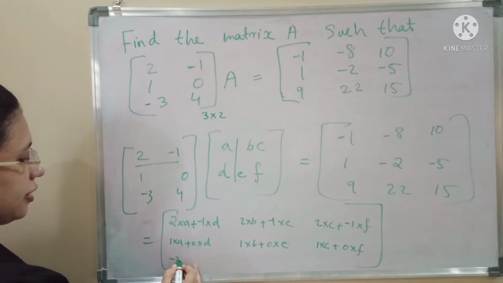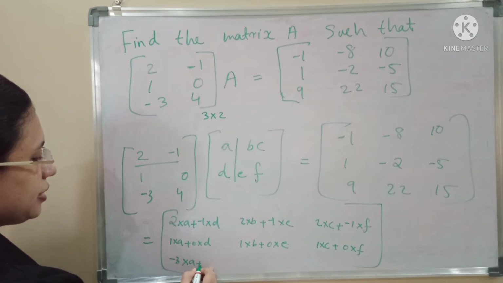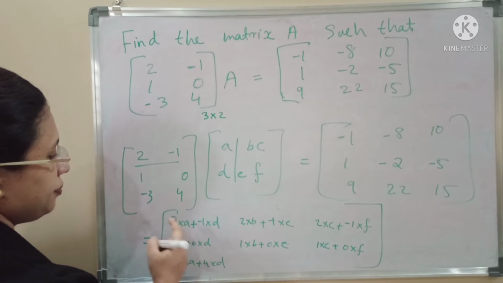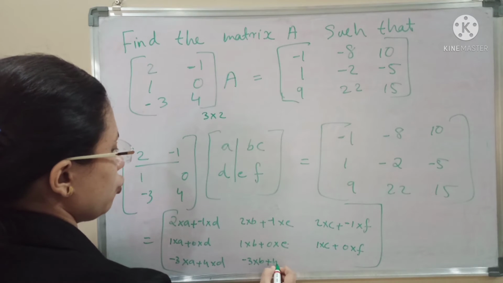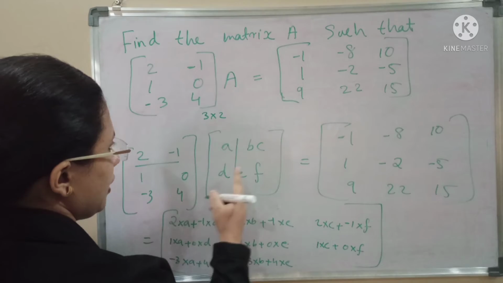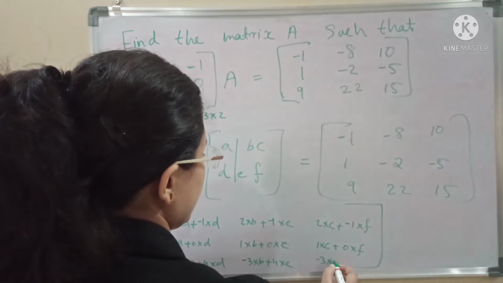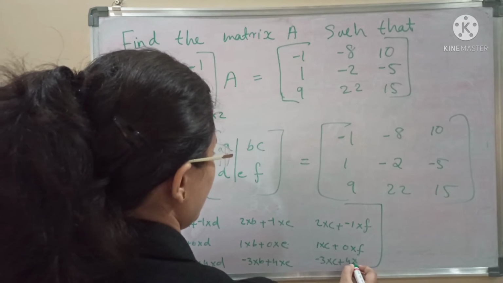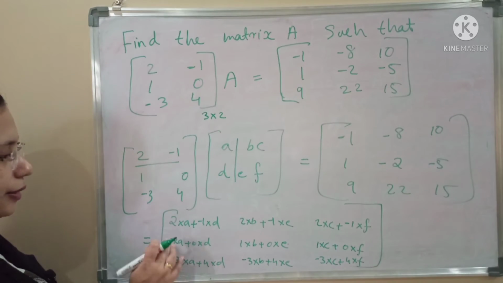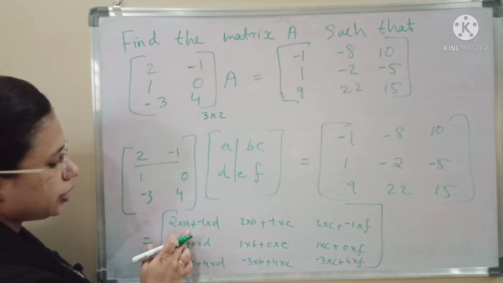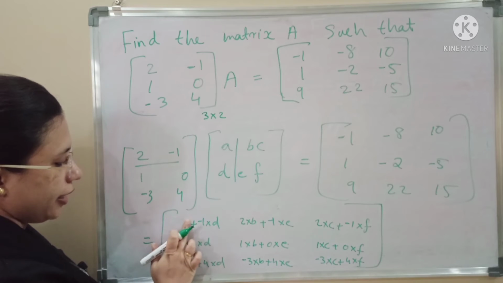Next, minus 3 into A plus 4 into D, minus 3 into B plus 4 into E, minus 3 into C plus 4 into F. Clear? Now 2 into A is 2A.